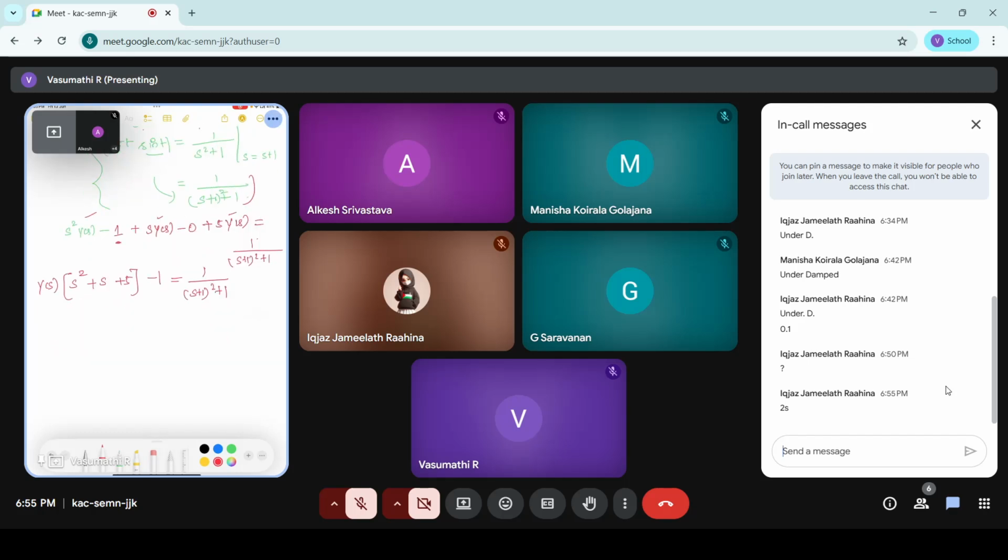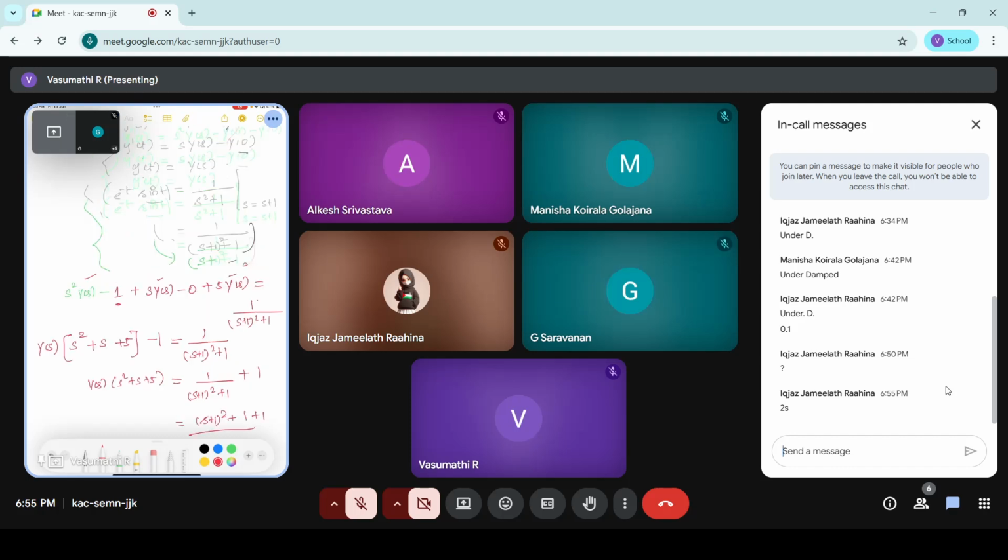Oh, this 1 will go this side. So y of s into s square plus s plus 5 is equal to 1 by s plus 1 the whole square plus 1 plus 1. Am I doing any mistake here? Oh, sorry, plus, right, yeah.